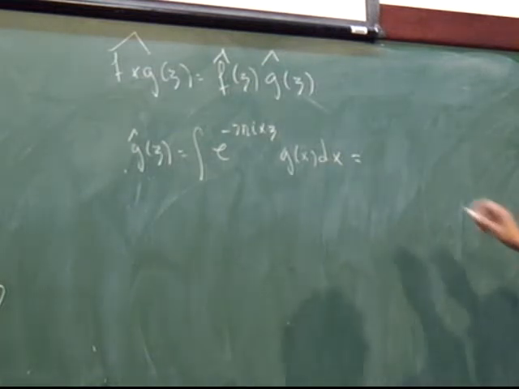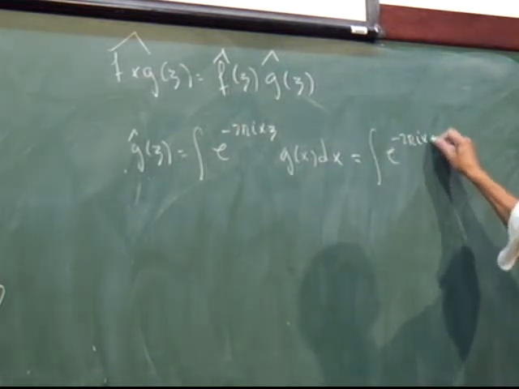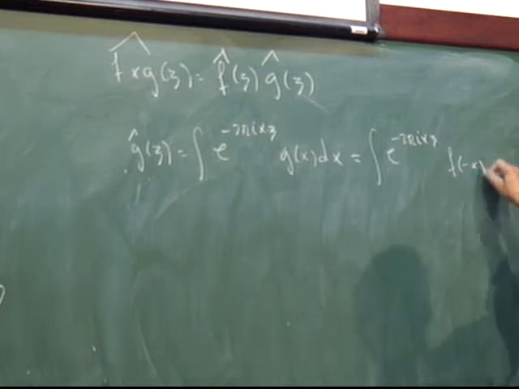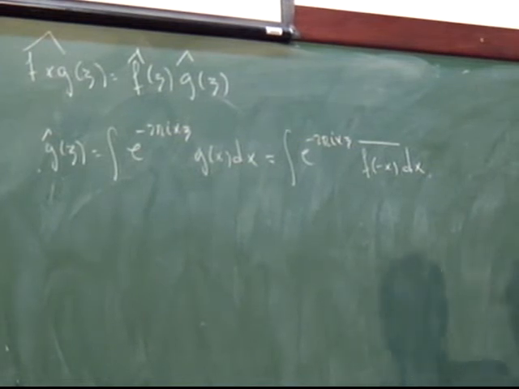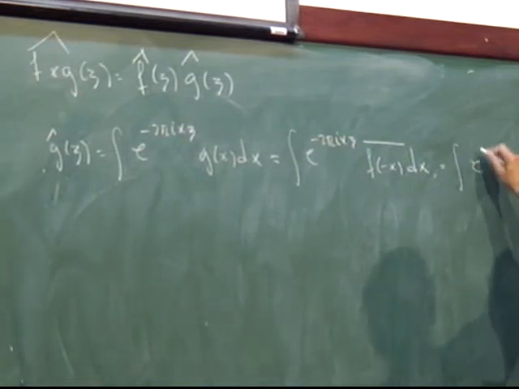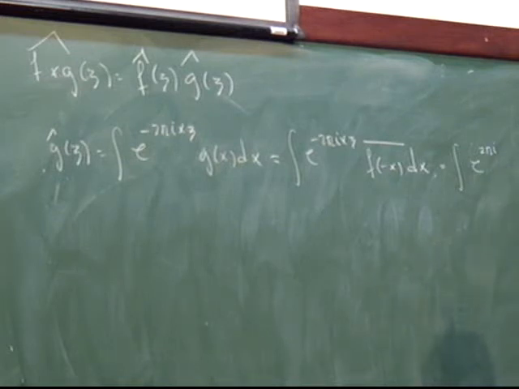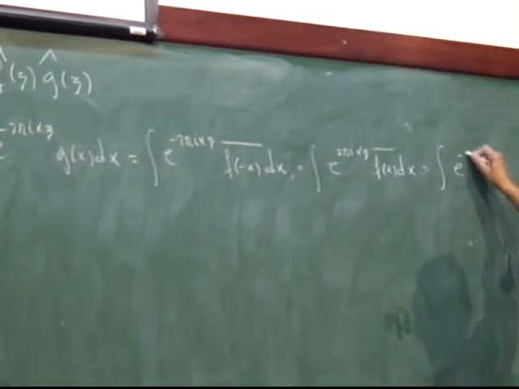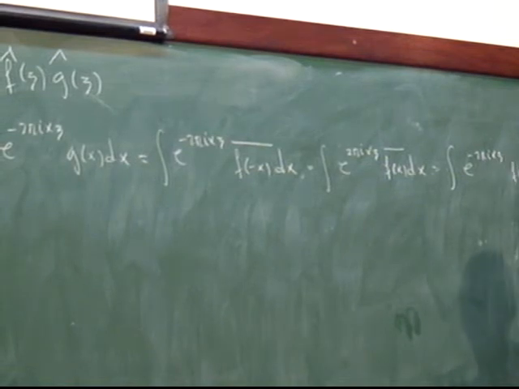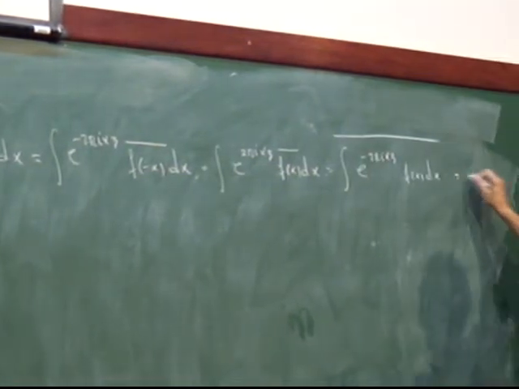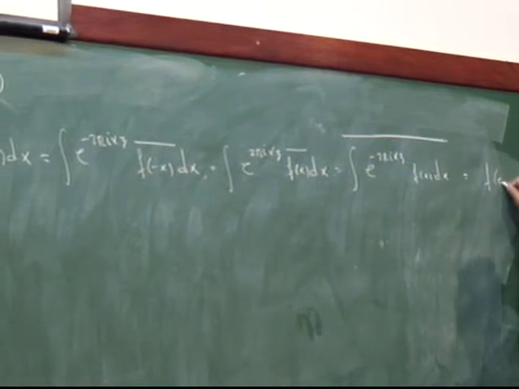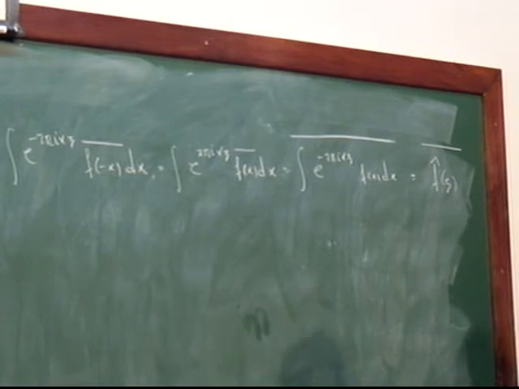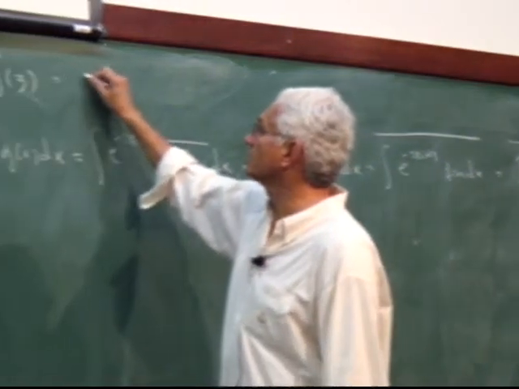Well, we define it to be that one. Then this is the integral of exponential of minus 2 pi i x ξ times F of minus x dx. Then you change minus x by x. This is going to give you this. Is this okay? And this is equal to this. That is equal to this. Therefore, this quantity that you have here is just this.